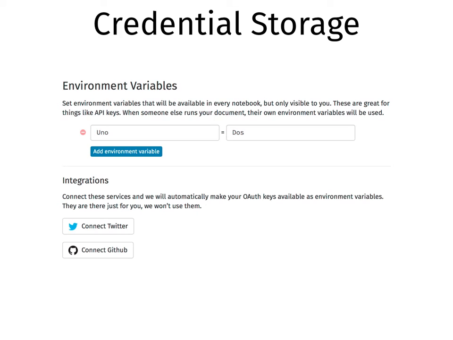So we have a special place where you can store your credentials, or we have a couple of integrations built in, Twitter and GitHub. So if you want to write something that fetches Twitter, but you want to publish that notebook, you don't want to share your OAuth key, that's all handled for you. We are built to integrate with the web.